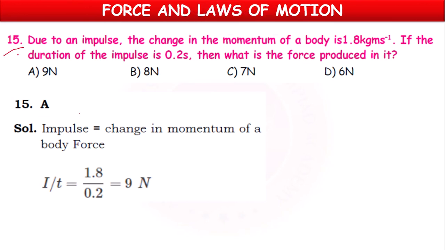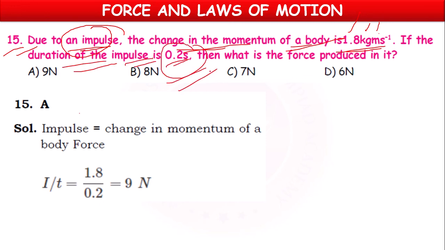Next, 15th question. Due to an impulse, the change in momentum of a body is 1.8 kg meter per second. If the duration of impulse is 0.2 seconds, what is the force produced in it? So impulse equal to change in momentum of the body.